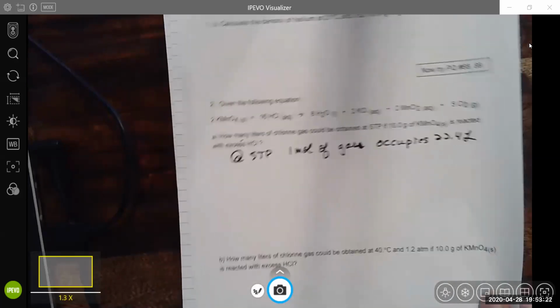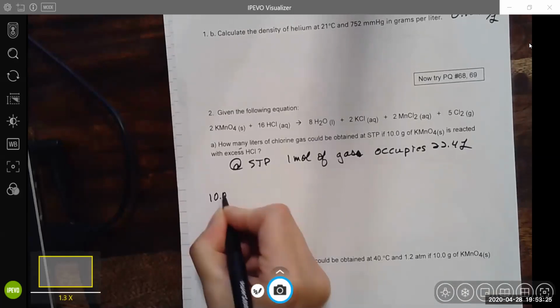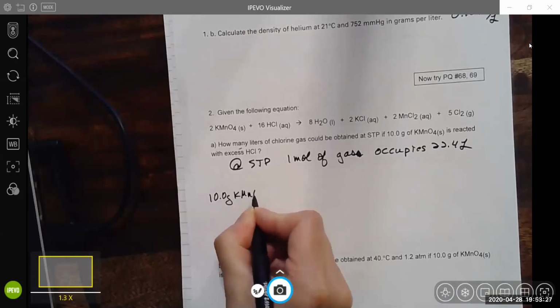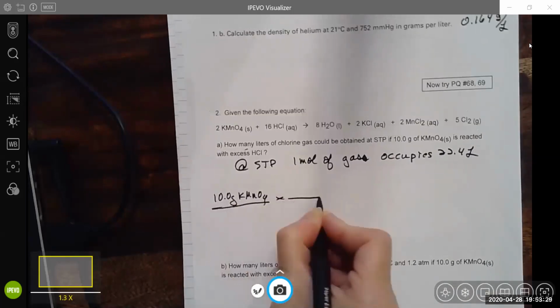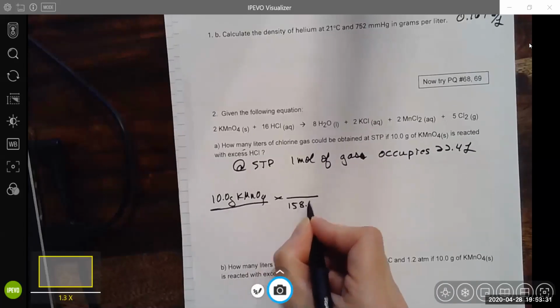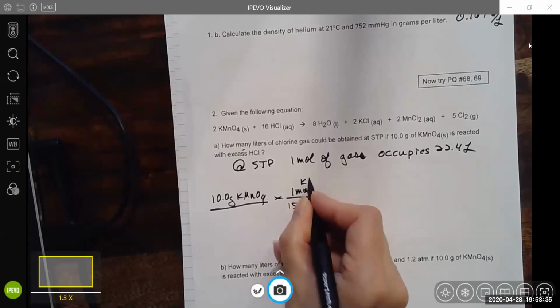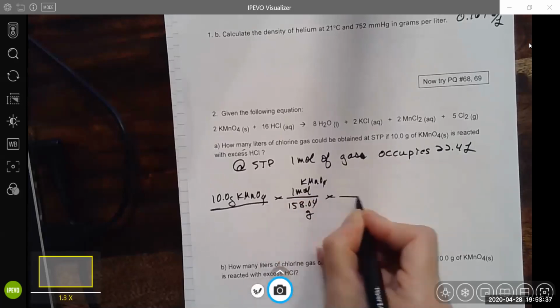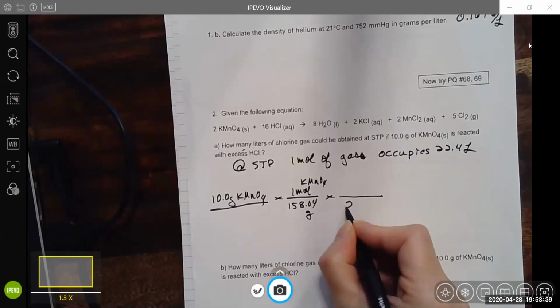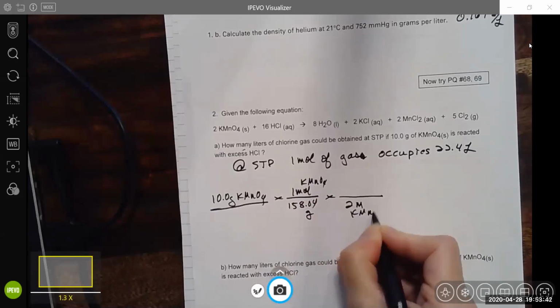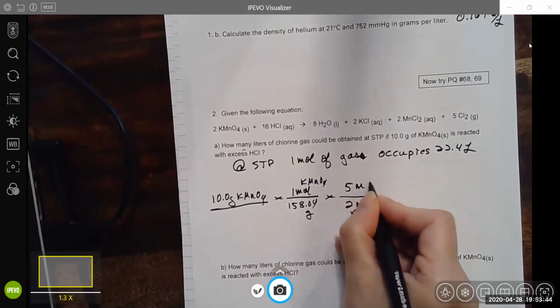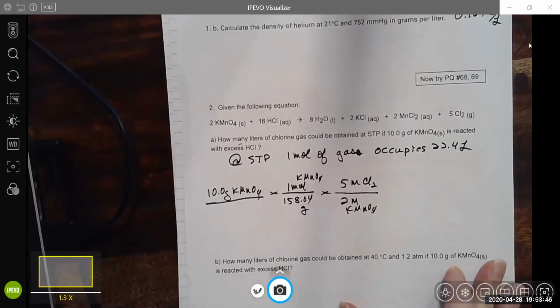So you would say, I've got 10 grams of potassium permanganate, and I have my 158.04 grams in 1 mole of potassium permanganate. And there are 2 moles of potassium permanganate for every 5 moles of chlorine. So far the same as what we just did.